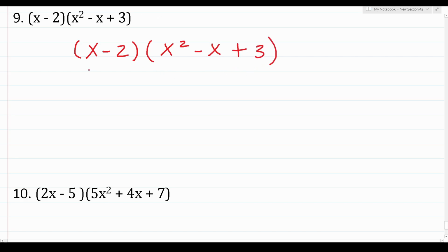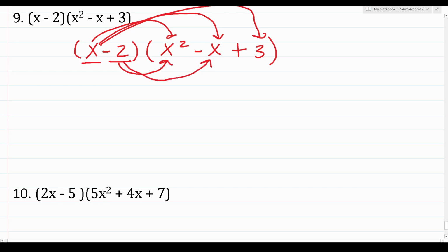All right, so we're going to take this x and distribute it here, here, and here. And we're going to take this -2 and distribute it here, here, and here. Let's go ahead and work on doing that.